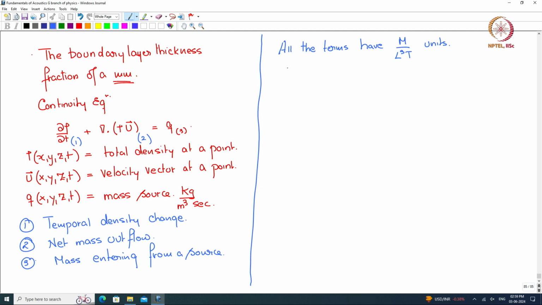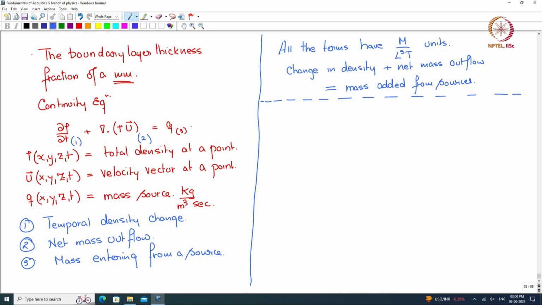So essentially what this is saying is that the change in density at a point plus the net mass outflow must equal the mass added or subtracted from sources. Okay, that's your continuity.